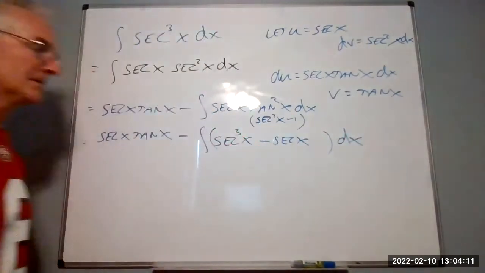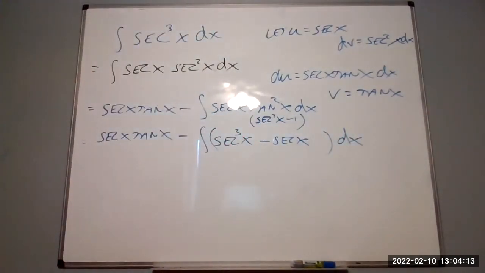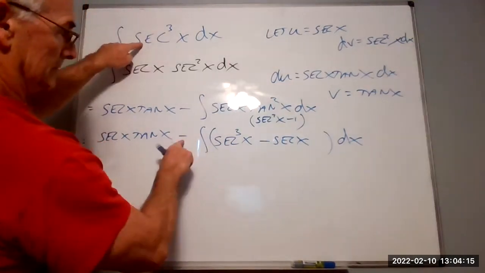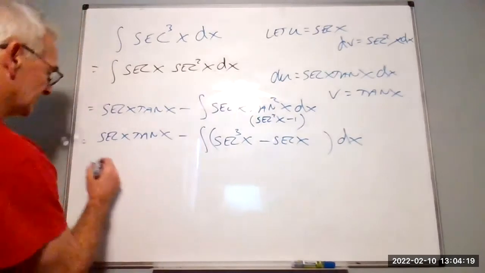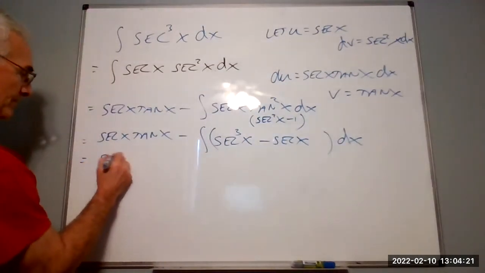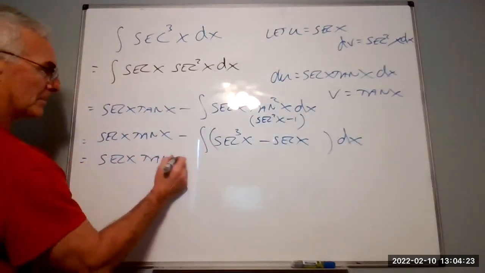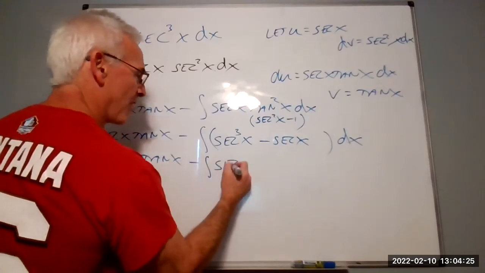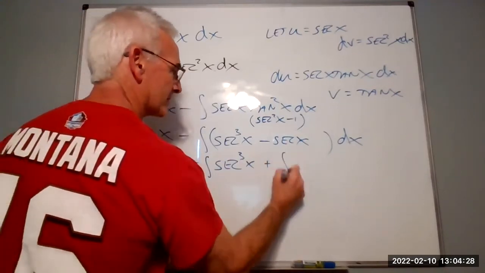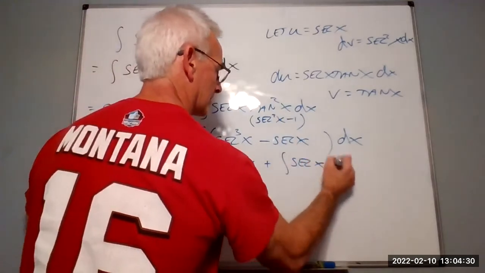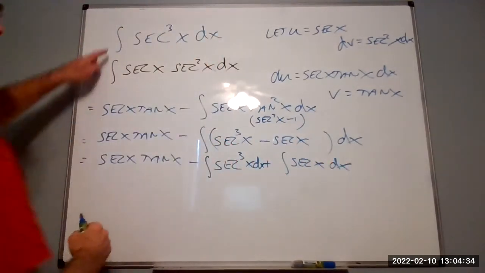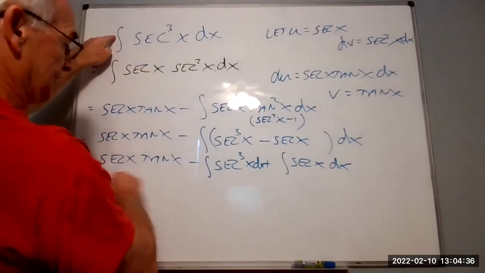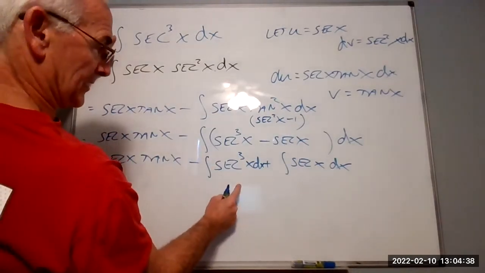We got one of these kind of things going on. Let me distribute that negative, because we're going to have to pull things apart here. This started off so harmless. All right. I have the secant cubed equals stuff minus the integral of secant cubed.